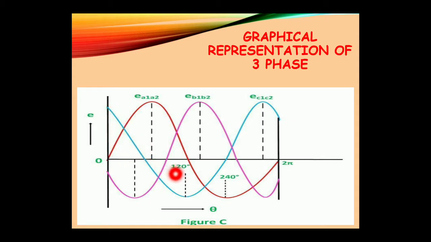So this is the peak value of the voltage of the third coil, and that is the peak value of the voltage of the second coil. So EA, EB and EC, the three EMFs are the same, but these are apart from each other by 120 degrees. This is the graphical representation of a three-phase system.